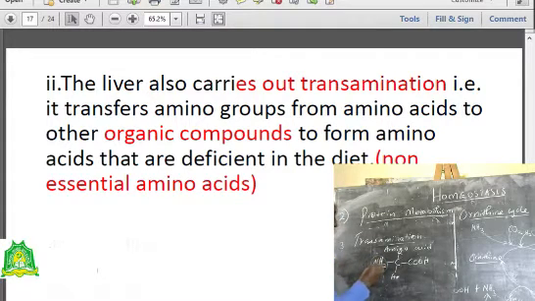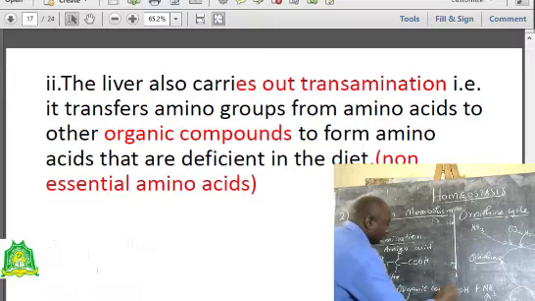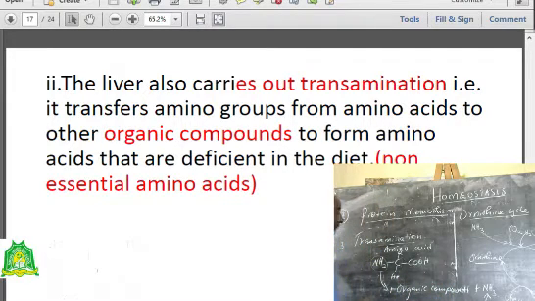When this amino group is transferred to another organic compound, it ends up forming an amino acid.